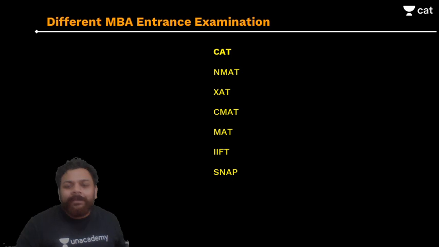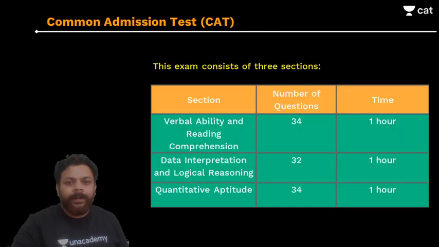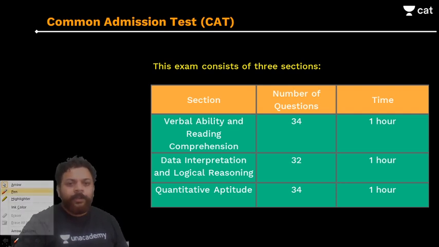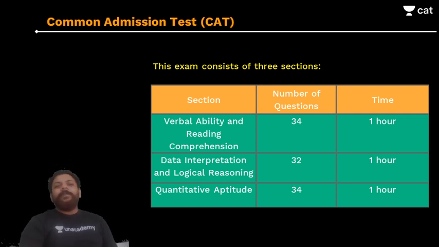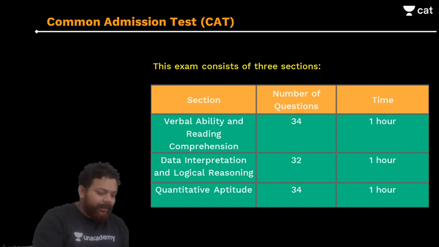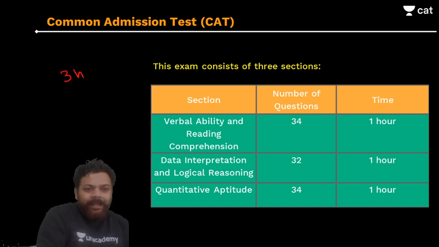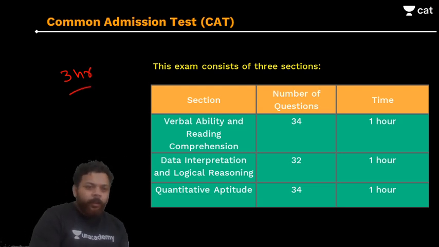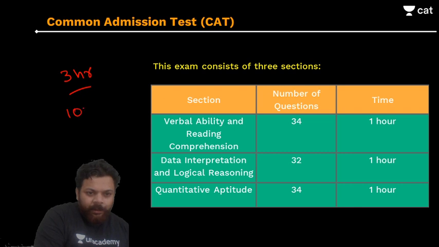So let's talk something about CAT. Basically CAT is nothing but Common Admission Test. And near about 2 lakh to 3 lakh students appear every year. This one is a pen and paper examination. Total number of questions used to be 100.